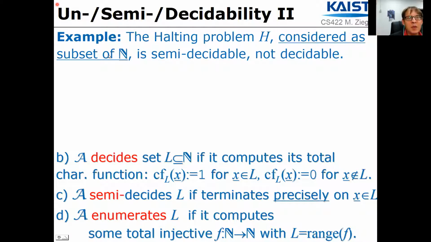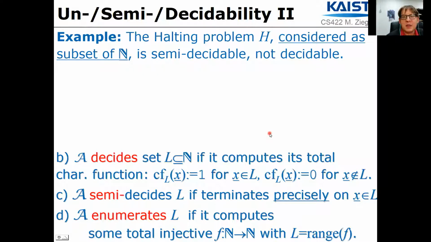We can now finally formalize the halting problem. Previously, we said the halting problem is a question about a pair: algorithm and input. But our definition doesn't really speak about questions. It uses a mathematical concept, a subset of natural numbers. How can we formalize the halting problem as a subset of natural numbers?